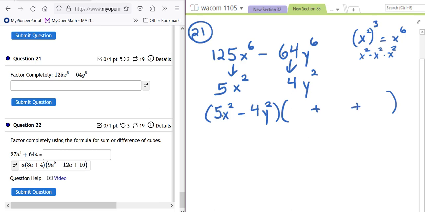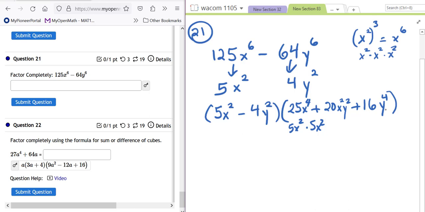Now, we're going to do first root times itself, so 5x squared times 5x squared will be 25x to the 4th. Okay. Then we're going to do first root times the second one. So the 5 times 4 is 20, and you're going to have x squared y squared. Right? And then the last one will be 4y squared times 4y squared will be 16y to the 4th.